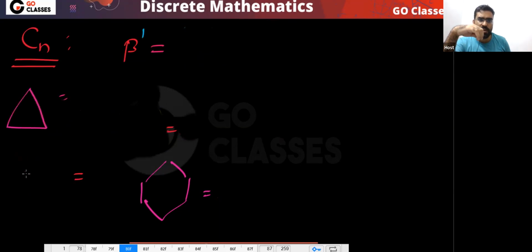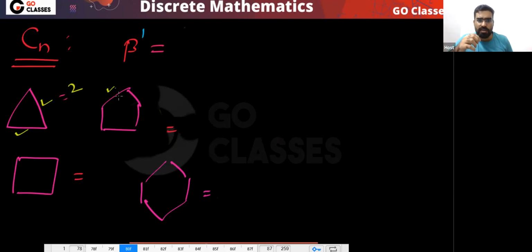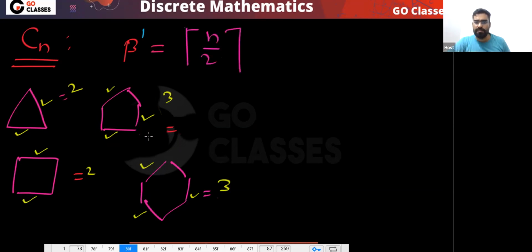For example, if your graph is this, take this edge, and these 2 vertices are gone. Next, if you take this edge, these 2 vertices are gone, and you can take one more edge. Similarly, here you can take these 2 edges. Here you can take this edge, this edge, this edge. So here you need 3, here you need 2, here you need 3. So what is the answer? The answer is the same: ceil of n by 2.